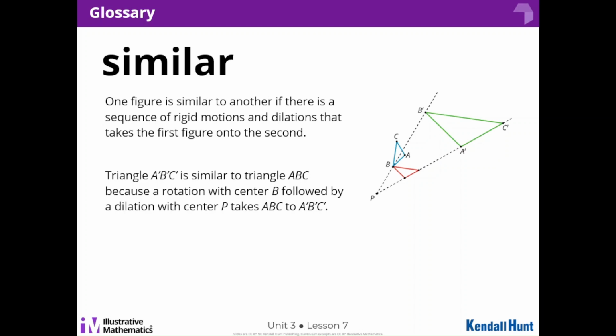So we're taking that blue triangle, rotating it around point B to turn it into the red triangle, and then dilating it using point P as the center to grow it from the red triangle to the green triangle. So the blue triangle and the green triangle are similar because their angles are the same. They're simply changing their side lengths by multiplying by a scaling factor.